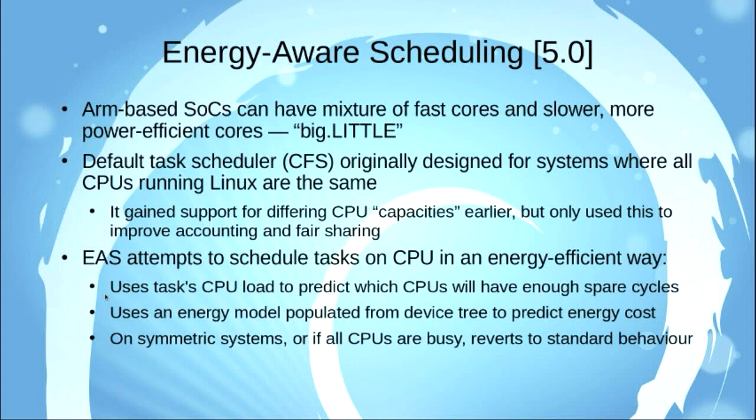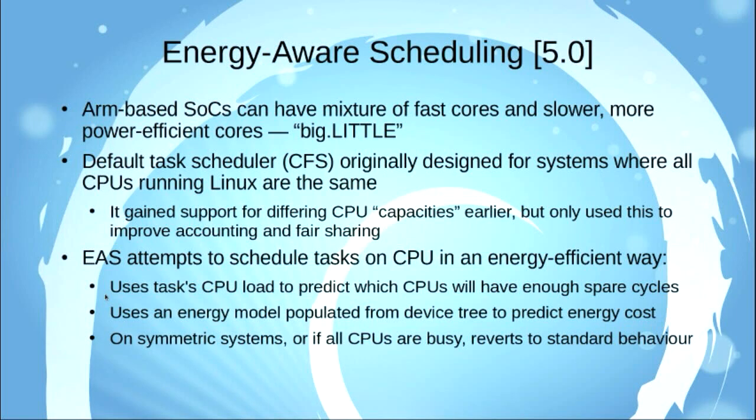So many ARM-based systems-on-chip can have a mixture of fast cores that are not particularly power efficient and slower cores that are more power efficient. ARM has branded this big.LITTLE. These SoCs have been around for a while, but until recently the Linux task scheduler didn't do a great job of scheduling on these.